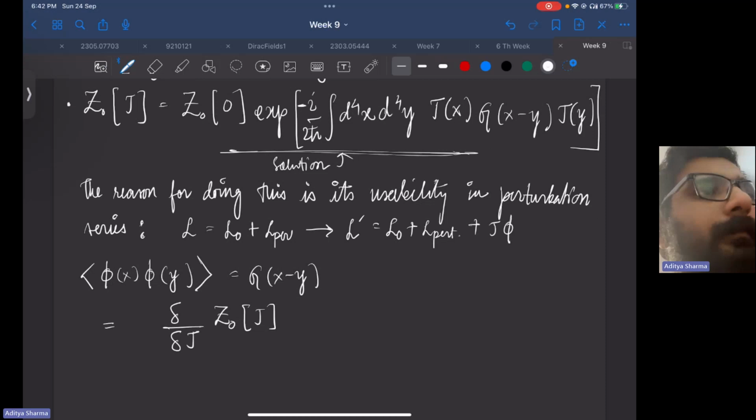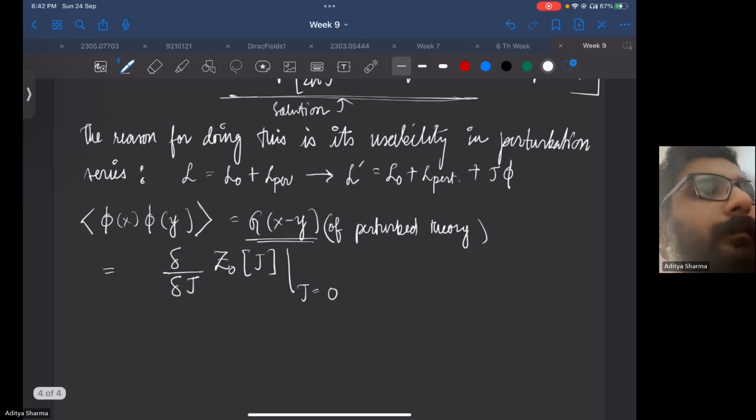You're going to do the procedure to find the Green's function of perturbation theory. For the two-point function, you're going to do this and then put J equal to 0. So we'll see this now.